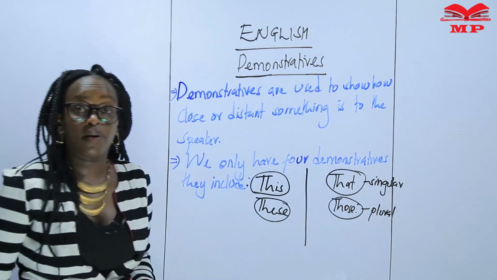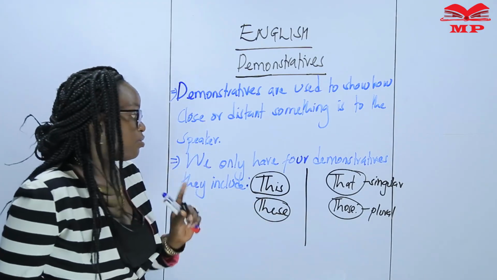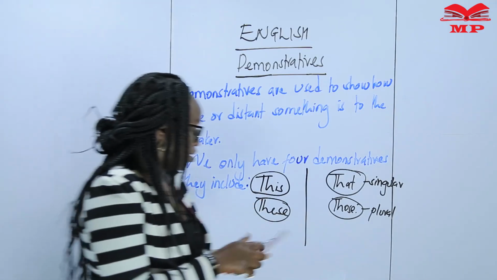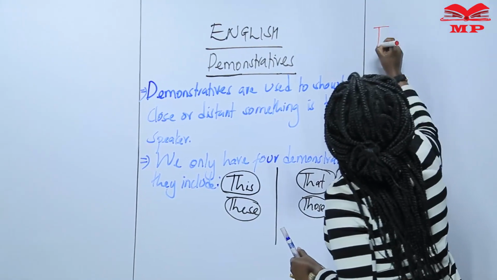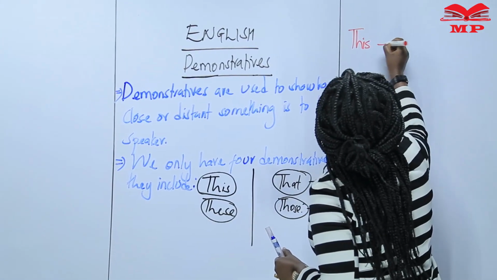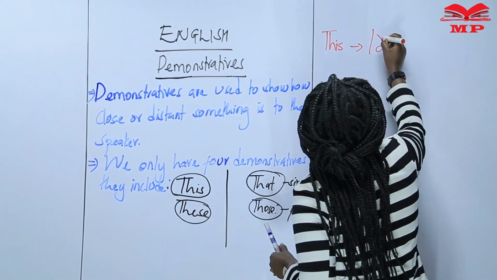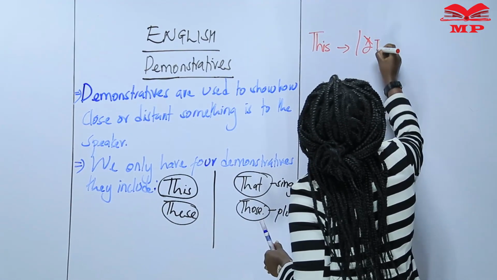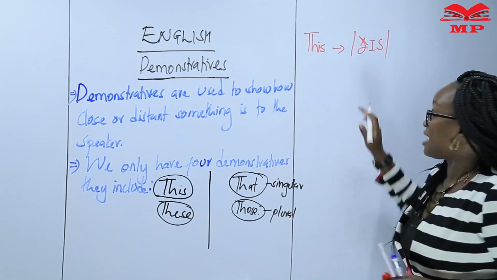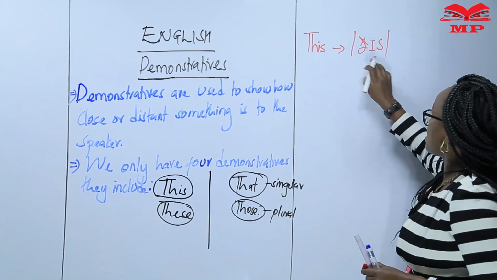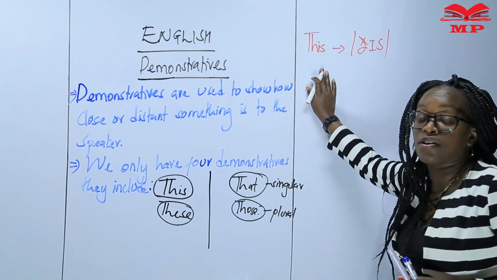Then I want to take you back to the pronunciation so that we move on to the other part. For you, the right pronunciation for this is transcribed as this, meaning that the vowel I here is a short vowel.